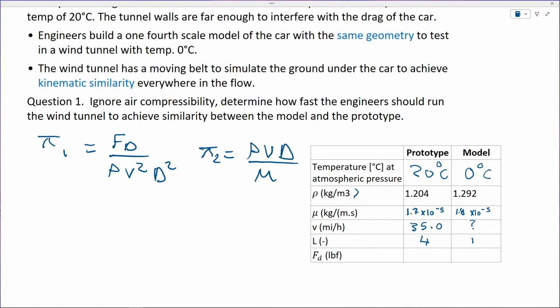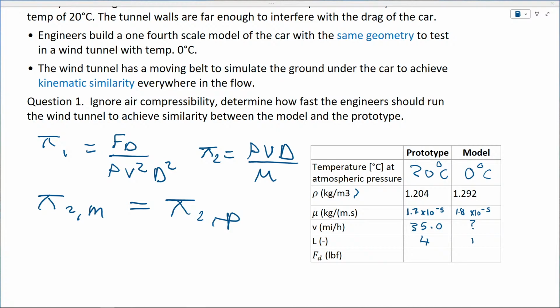Now we know, because of similarity, because we have geometric and dynamic similarity, that pi 2 of the model is equal to pi 2 of the prototype.